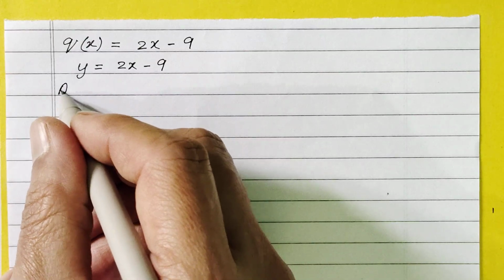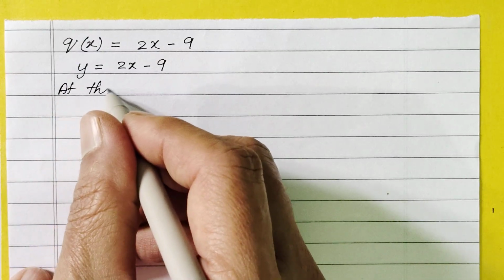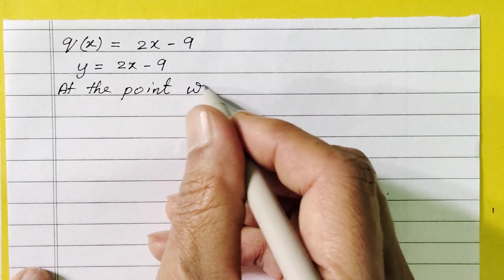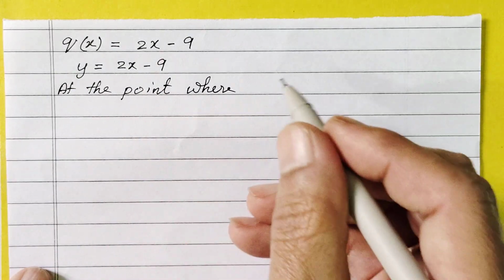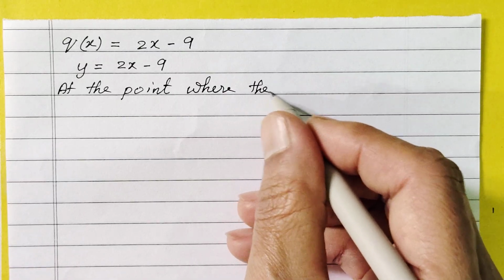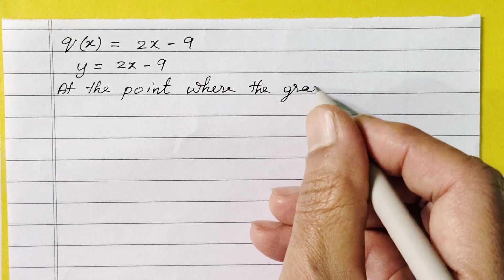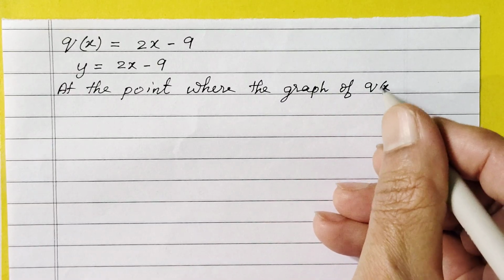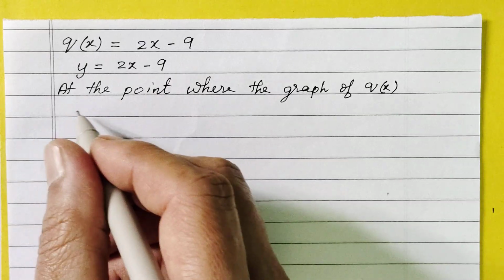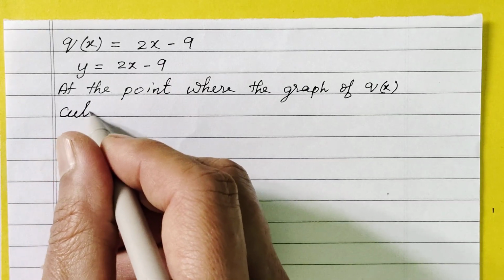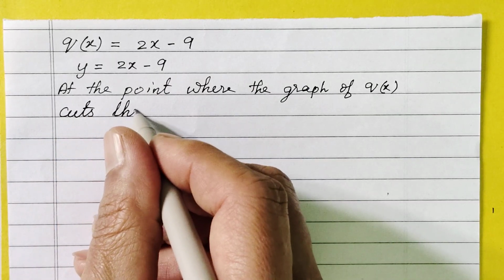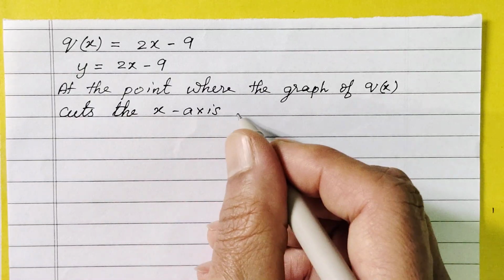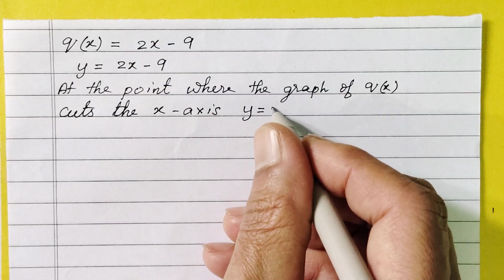At the point where the graph of Qx cuts the x-axis, y will be equal to 0.